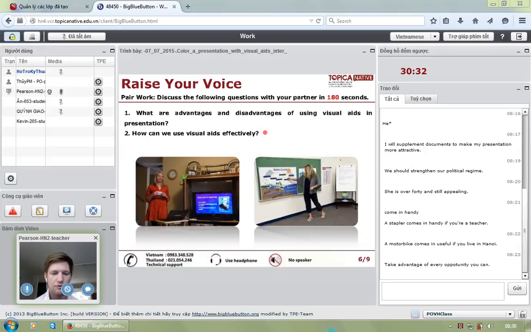And don't be afraid to write in the chat box any ideas that you have. It's always good to write things down. I think that it helps us remember. I know that we're here in this class to speak and to listen, but there's no reason why we can't write down some of our ideas as well.